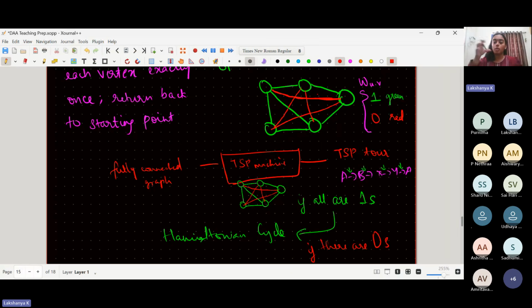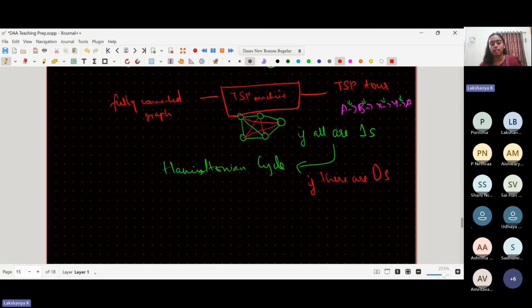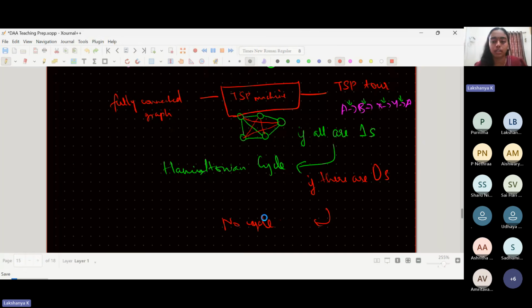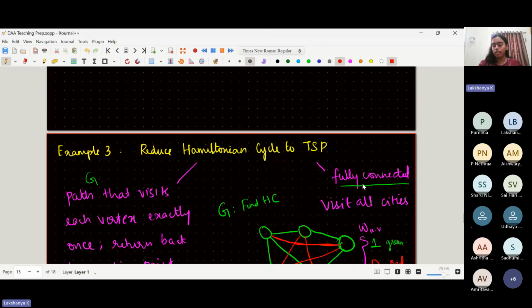Which means in our original graph, there was no Hamiltonian cycle. So in that case, you would say no cycle exists. So this is why I said it doesn't matter whether red is 0, green is 1, or vice versa. You just need a way of differentiating red from green. The numbers are completely arbitrary. So do you guys understand?